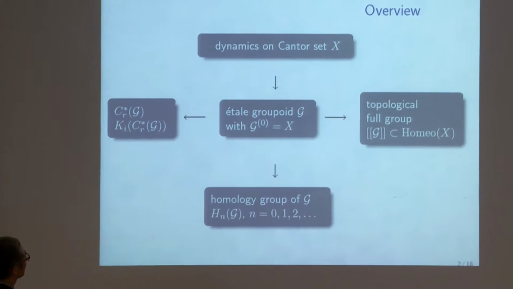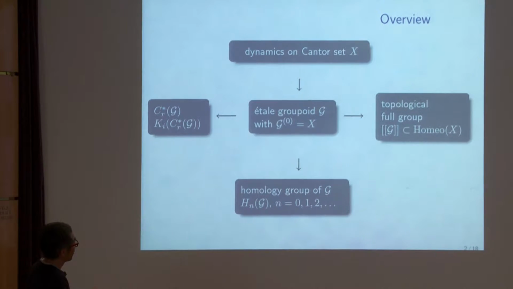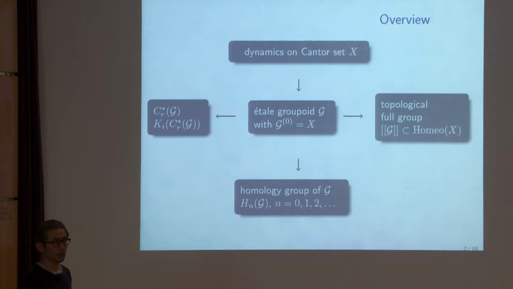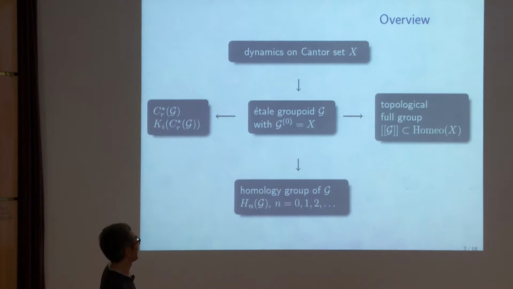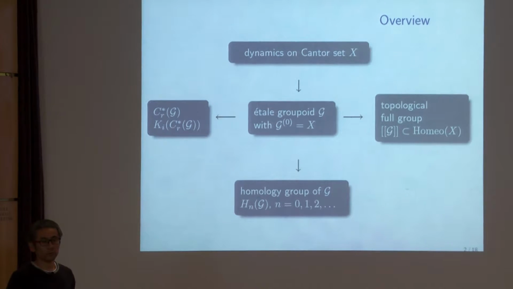From these dynamical systems, I construct a groupoid with nice topology, which is called an étale groupoid. For groupoids, I use this font, calligraphy G or calligraphy H. This is something like a group, but it has many units.